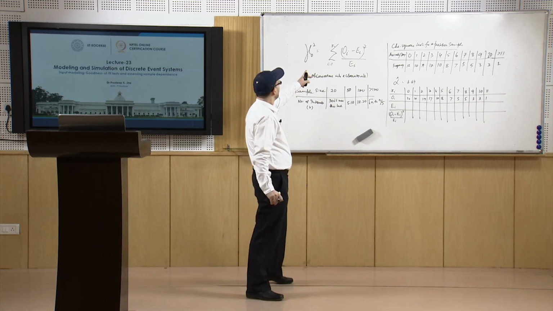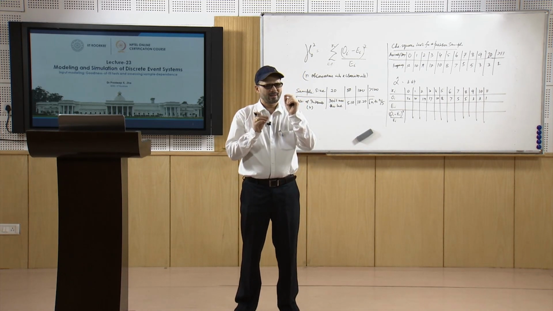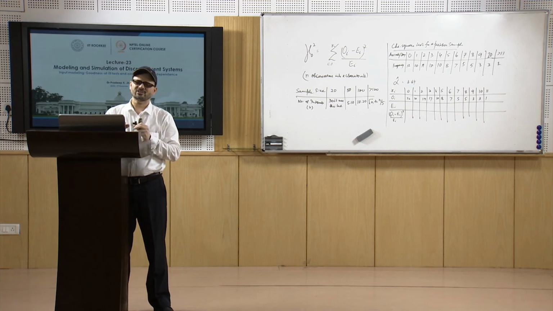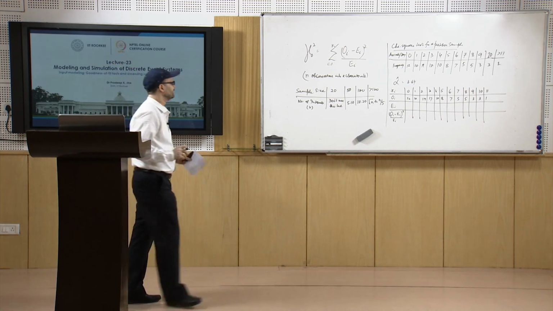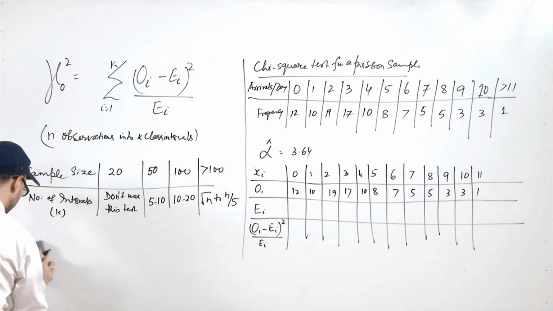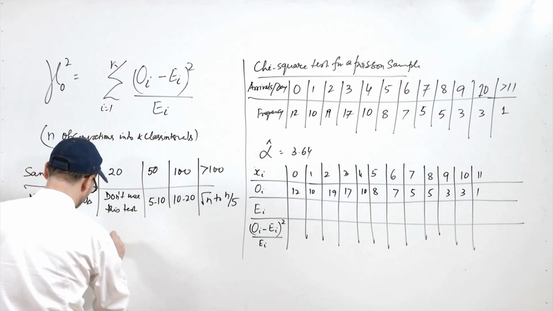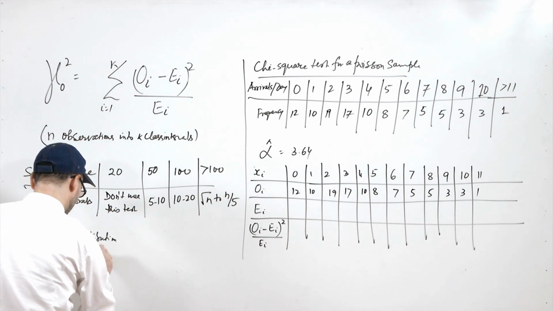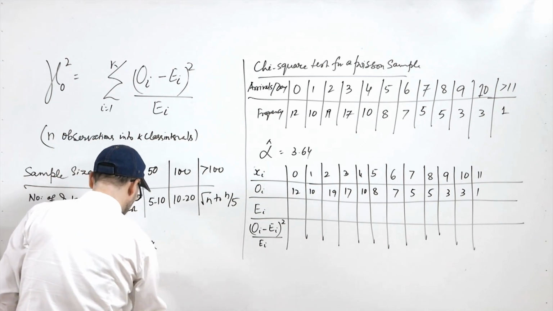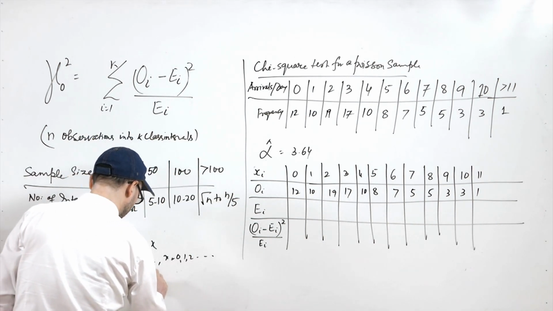For the Poisson distribution, the probability mass function f(x) will be e raised to the power minus alpha into alpha raised to the power x upon x factorial, for x equal to 0, 1, 2 and so on, and it is 0 otherwise.